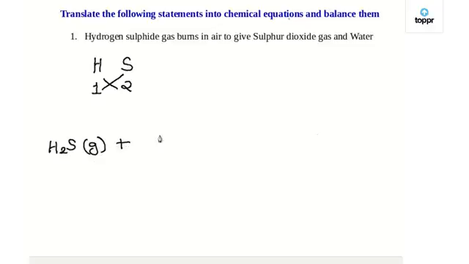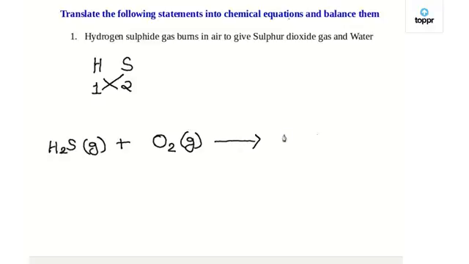It reacts with oxygen as it is given in the statement that it burns in air, and anything which burns in air will react with oxygen because oxygen is a supporter of burning. Oxygen is always written as O2, remember, because it is a diatomic element. Now both of them react and form new substances. The new substances so formed are sulfur dioxide gas and water.